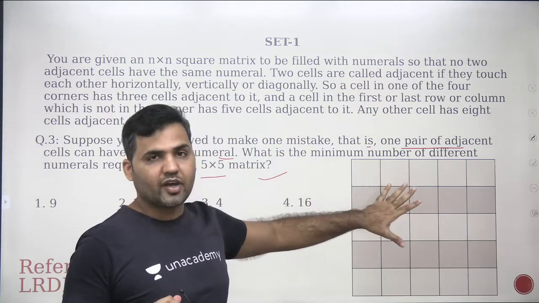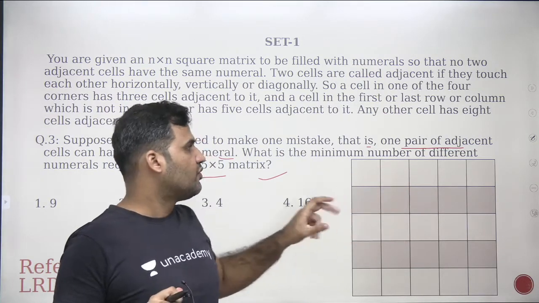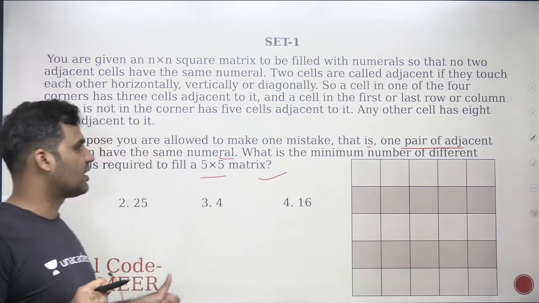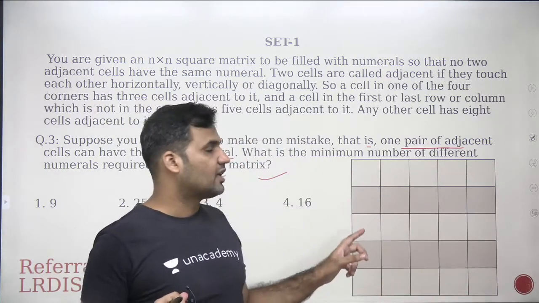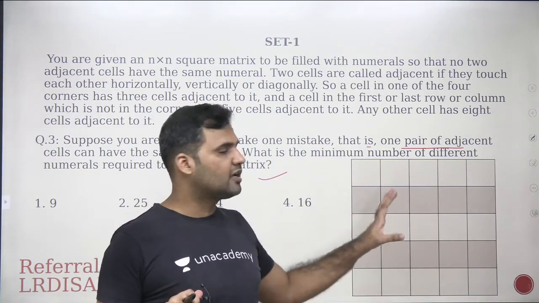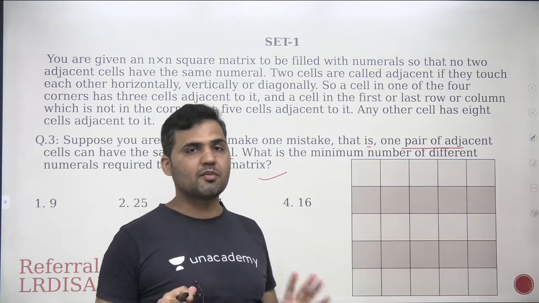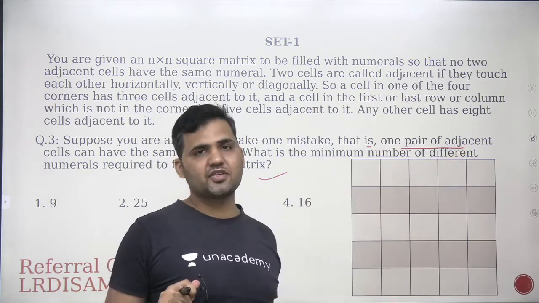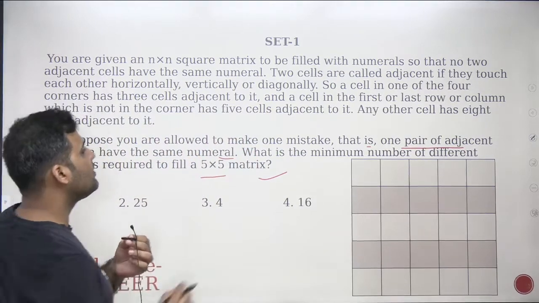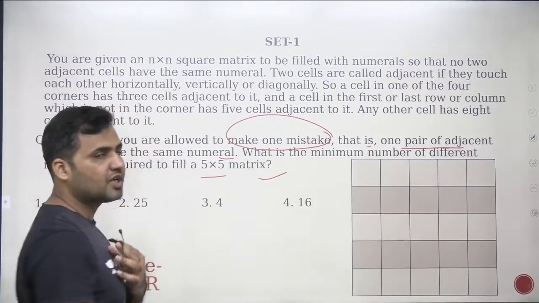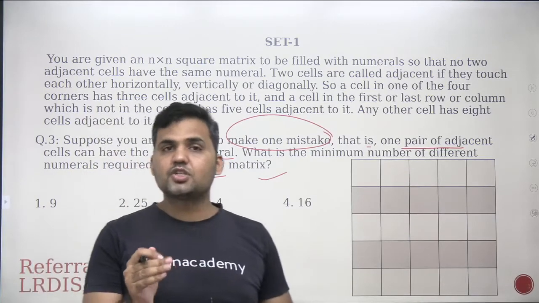The matrix is 5 into 5. Even the matrix has not been changed. We just saw in the previous question that a 5 into 5 square matrix can be filled completely with 4 digits. The minimum number of digits required to fill a 5 into 5 is 4. Now when I'm allowed to make a mistake, my number of digits should get reduced.